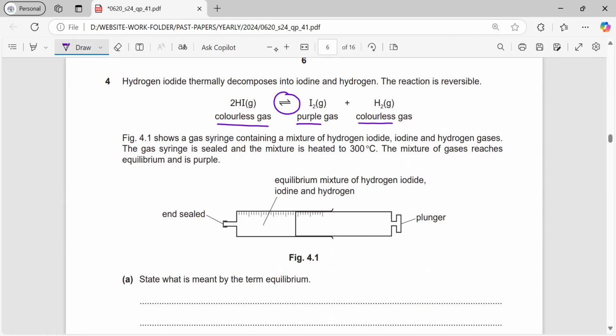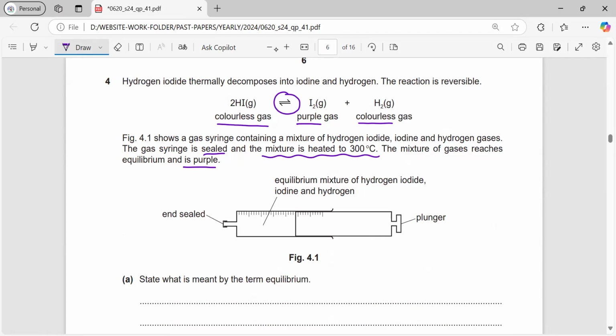The figure shows a gas jar containing a mixture of hydrogen iodide, iodine, and hydrogen gases. The gas jar is sealed and the mixture is heated to 300 degrees Celsius. The temperature of the system is being increased. The mixture of gases reaches equilibrium and is purple.